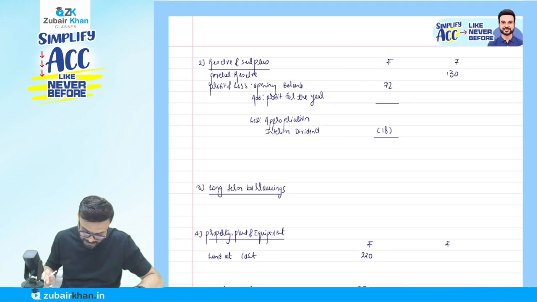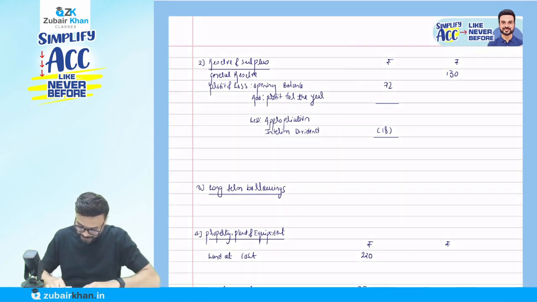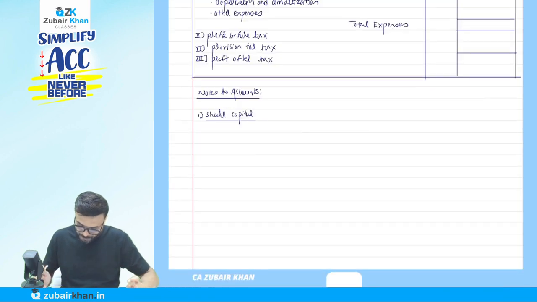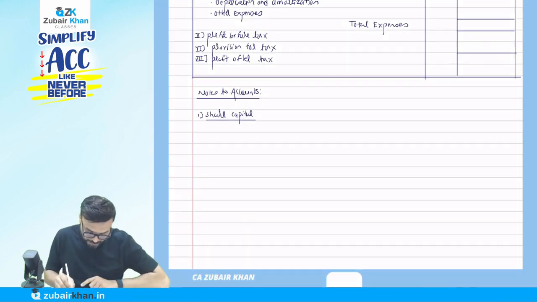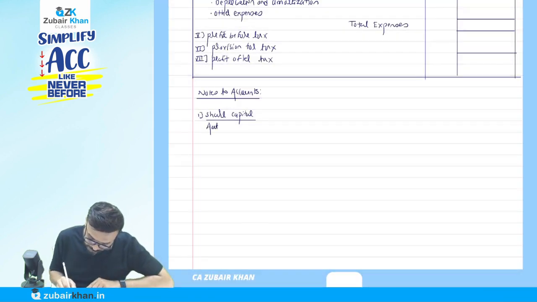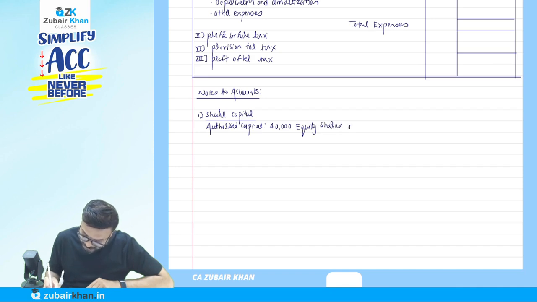Write down in share capital, notes to account number 1, authorized capital, 40,000 equity shares of rupees 10 each.